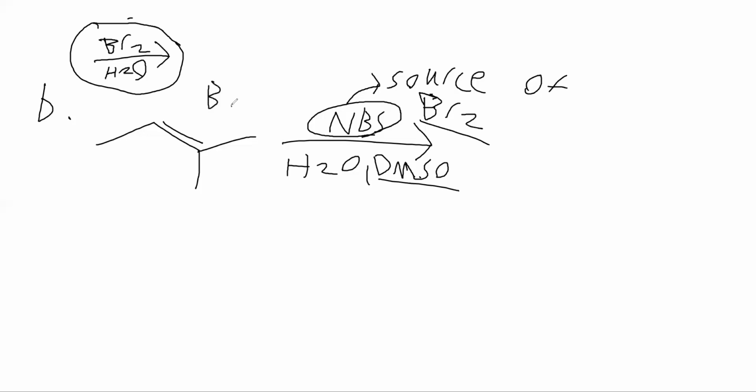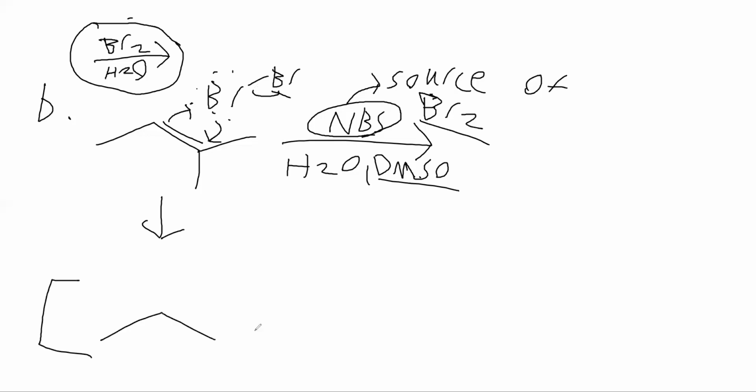So when adding Br2 and H2O, the first step looks like this, with a cyclic intermediate forming between the alkene and the bromine, and then the other bromine bond breaking. And you have this positive charge shared between all of the things in this three-membered ring, the two carbons and the bromine.